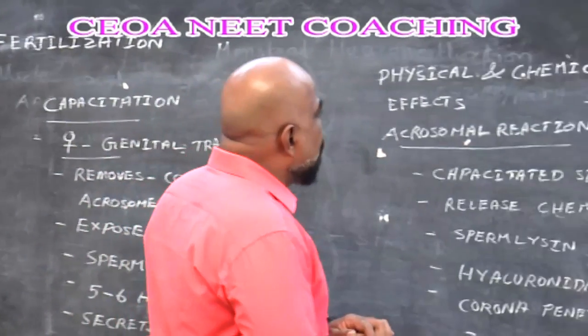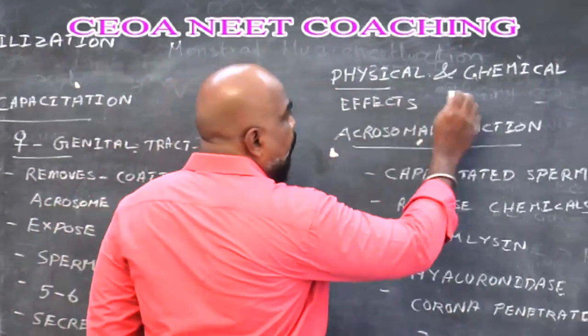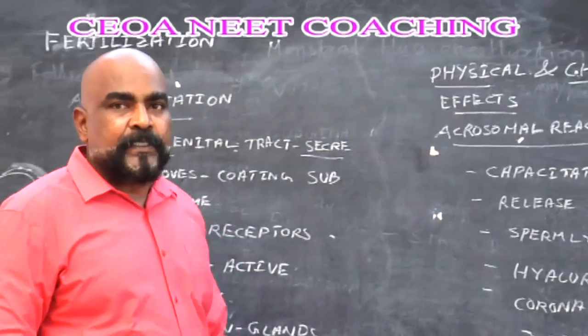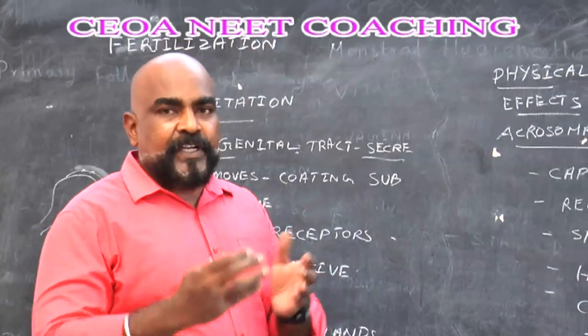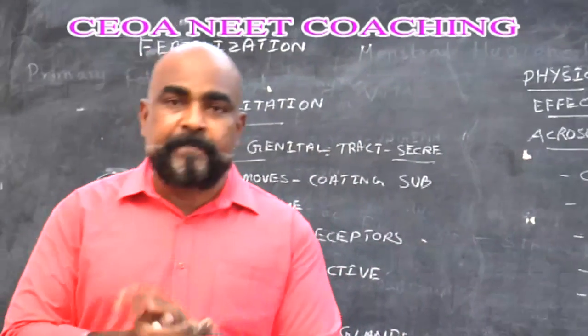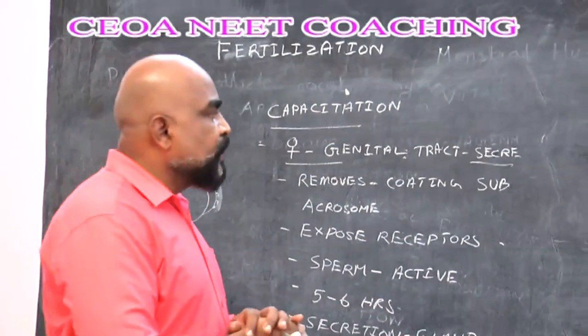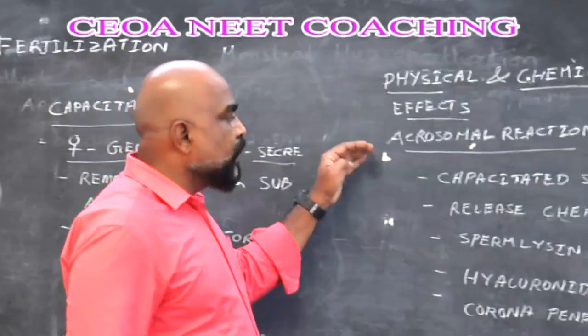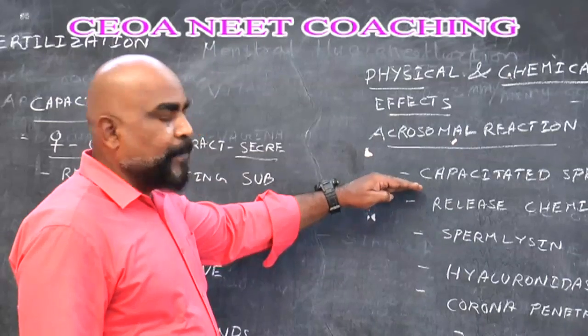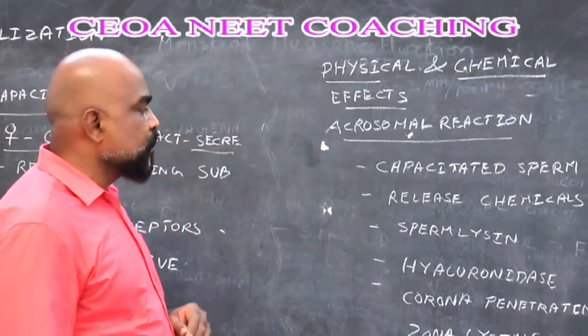And now let us see about the physical and chemical effects of fertilization. After fertilization, there are some physical as well as chemical changes happening. What are they? The first is the acrosomal reaction. This is caused by the capacitated sperm.